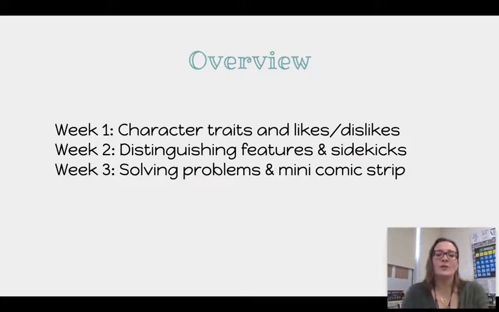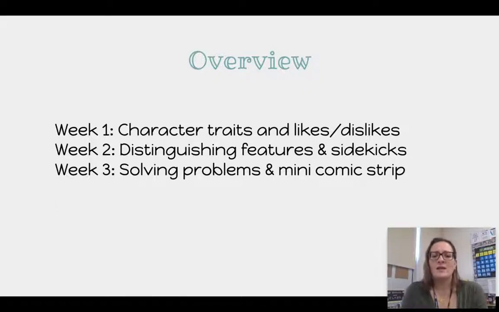So far in this unit, we have focused on character traits and the likes and dislikes of our characters. In week 1, we introduced our character, we drew them, we named them, and we came up with their character traits and their likes and dislikes. In week 2, we came up with some distinguishing features and sidekicks for our characters.